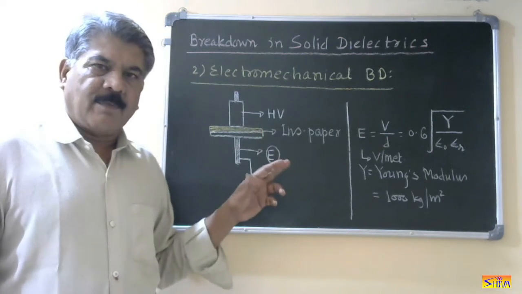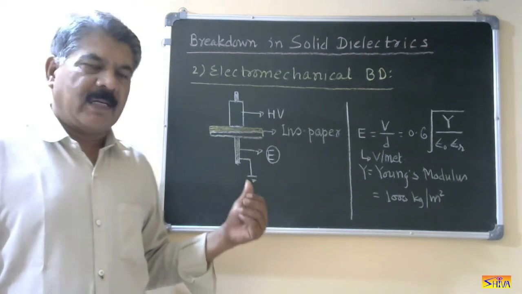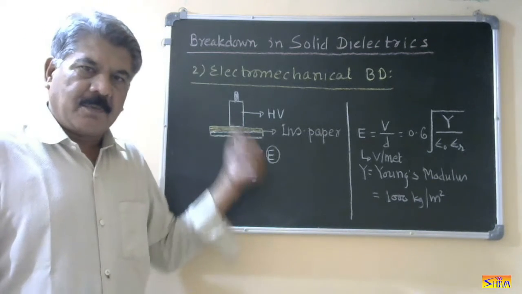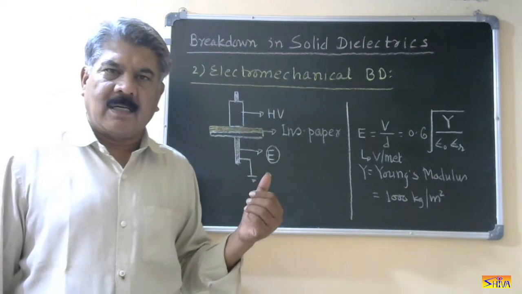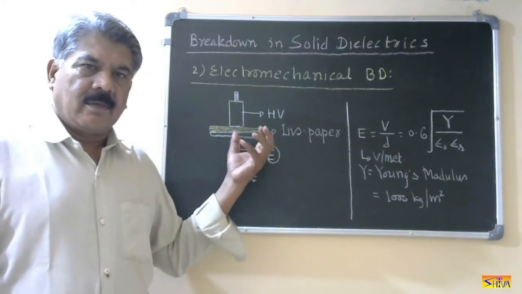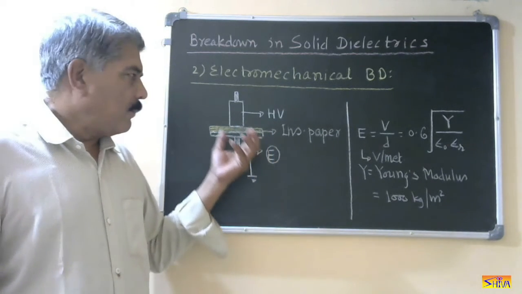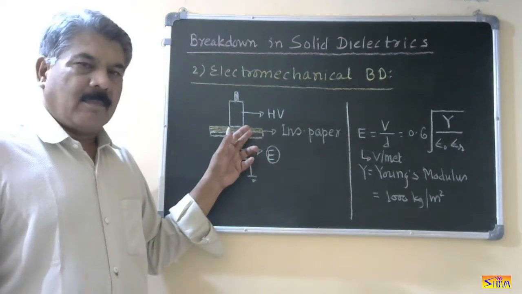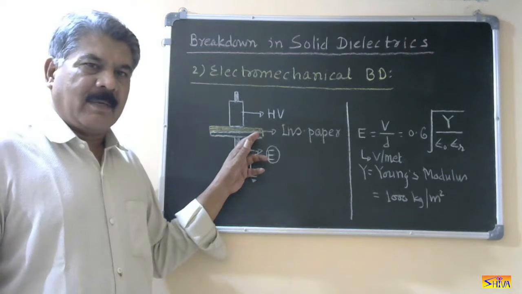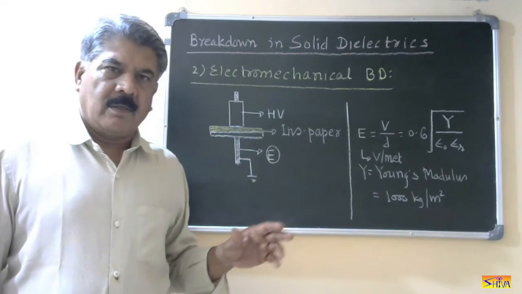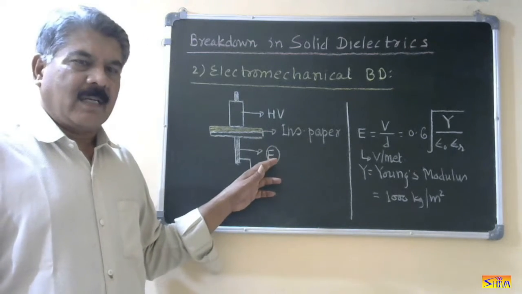The charges of opposite polarity and equal in magnitude accumulate on the other surface. Therefore, this insulation paper is under electrostatic compressive stress. Now, when this stress exceeds the electromechanical withstanding capability of this insulation paper, there is breakdown. This is called electromechanical breakdown.